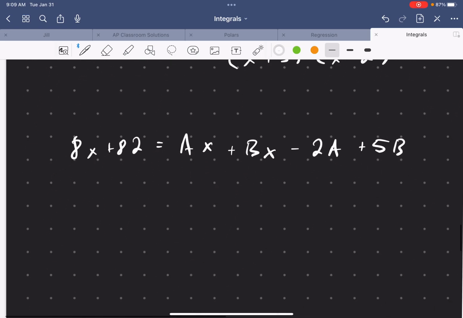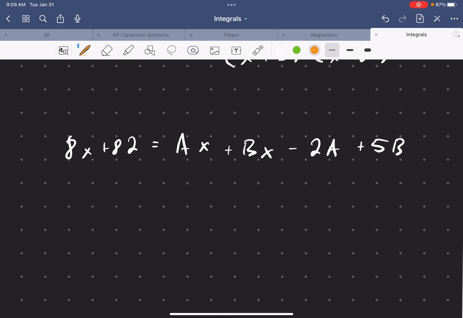Well, if these are going to be equal, look at the terms here. I've got a term with x on the left and two terms with x on the right. And then on the left, I have a constant term of 82, and on the right, I have these two. A and B would be constants, so -2A + 5B should also be a constant.